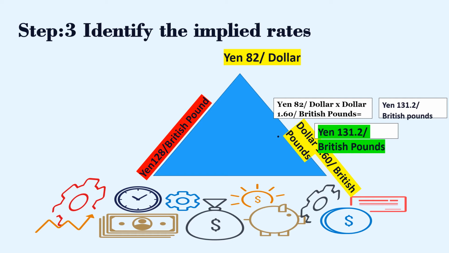We identified the cross rate in step 2: yen 128 per British pound. Now we calculate implied rates from the Bank A and Bank B quotations. We multiply both of these. What do we get? Yen 131.2 per British pound.